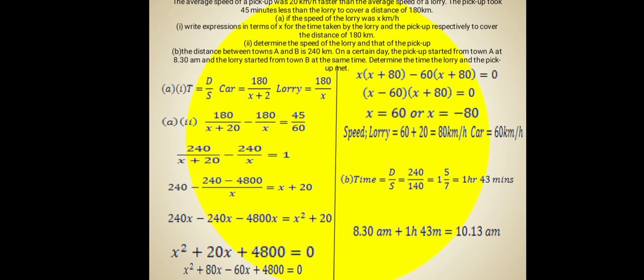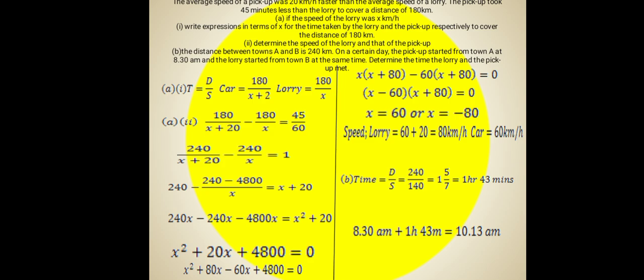It should be the reverse. The lorry is slower. So the lorry will be 60 and the car will be 80. So even in part A, there's a slight mistake where I said the speed of the car is 180 all over x plus 2, it should be 180 all over x plus 20. So the car takes 80 kilometer per hour, and the lorry takes 60 kilometer per hour.